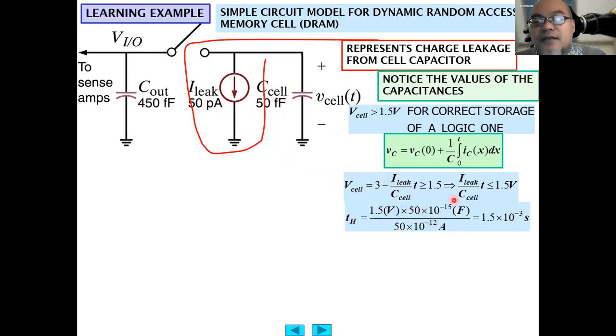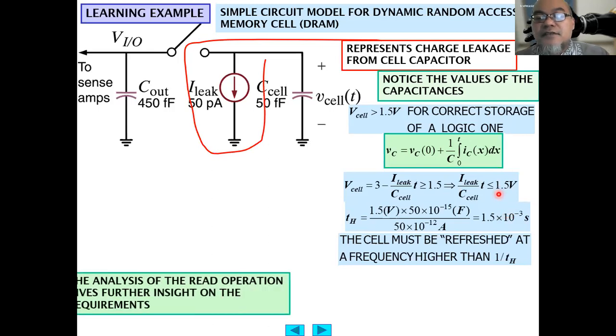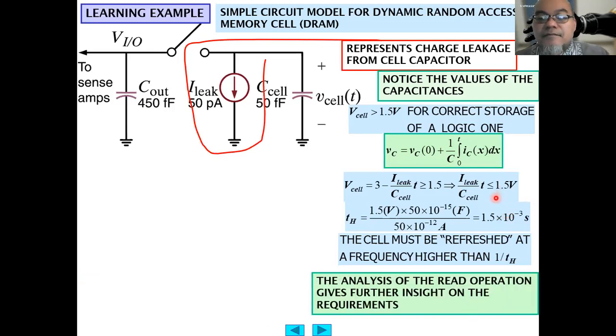From here we obtain the TH, the holding time of the switch, to be 1.5 times 10 to the power of minus 3 seconds, 1.5 millisecond. So the cell must be refreshed at a frequency higher than 1 over TH.